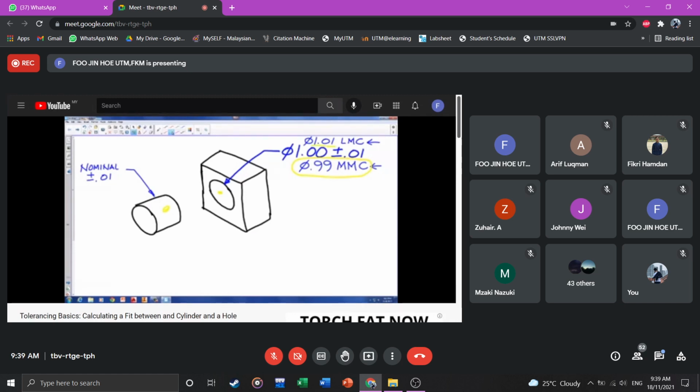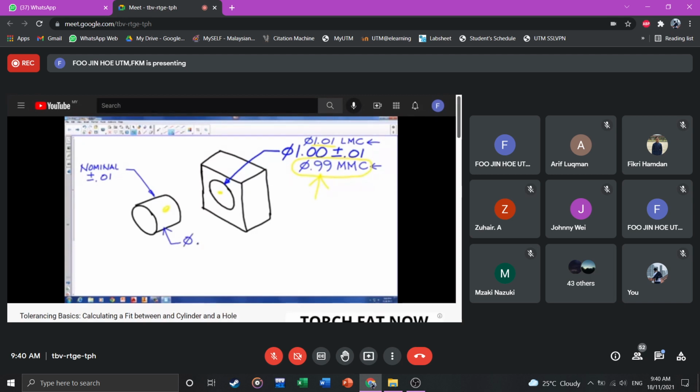So if we know that we're starting with the limit of size at maximum material condition of 0.99, then that tells us that the diameter of this cylinder, when it's at its largest, has to be 1/100 of an inch less than 0.99.